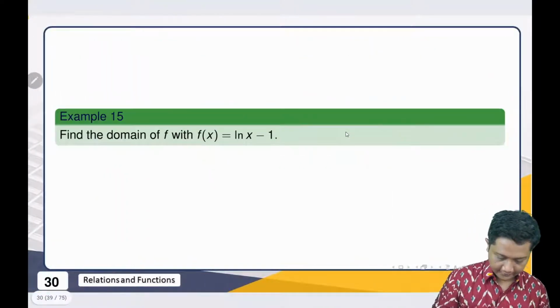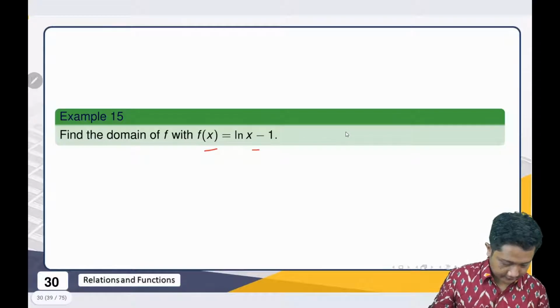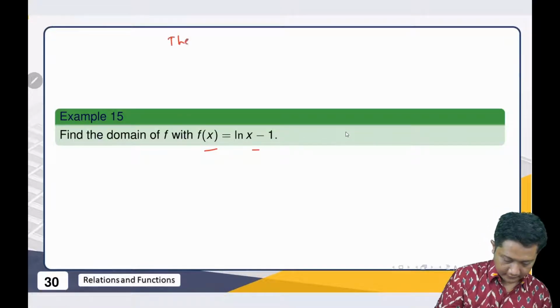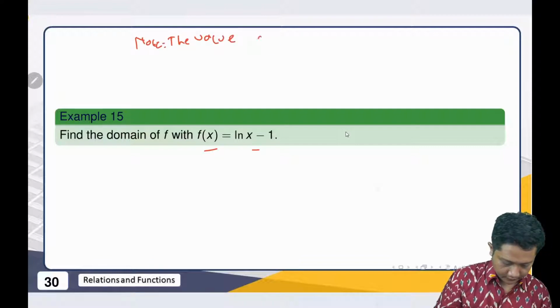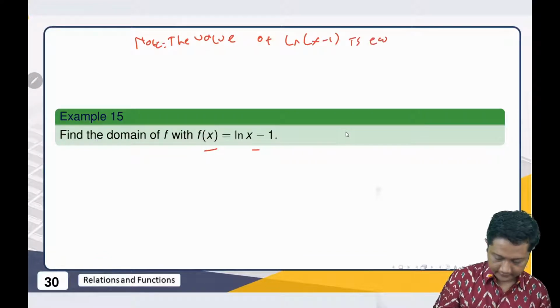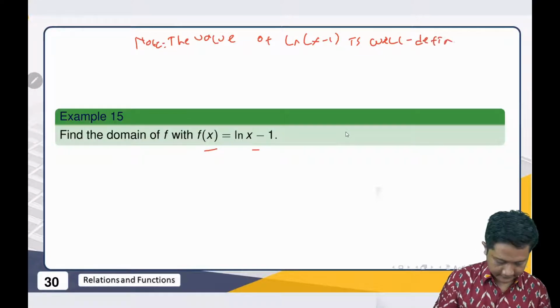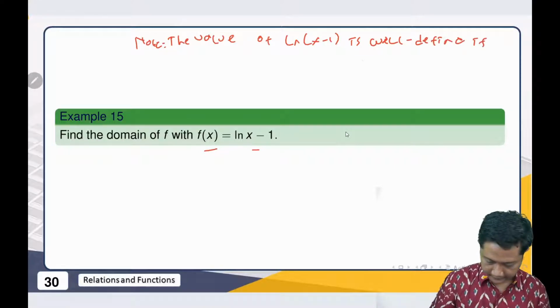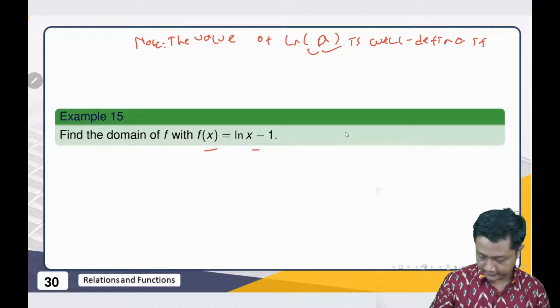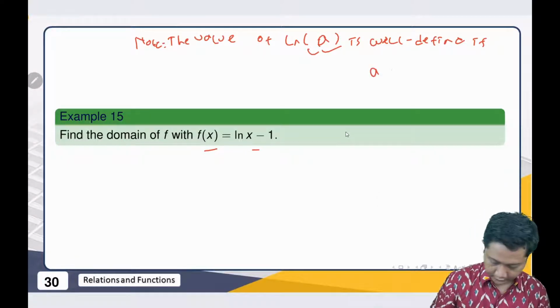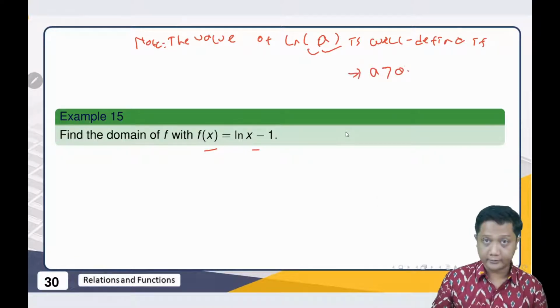And next, how about this? So remember, the value of ln(x minus 1) is well defined if the expression is well defined. If we have ln a, then a should be greater than 0.